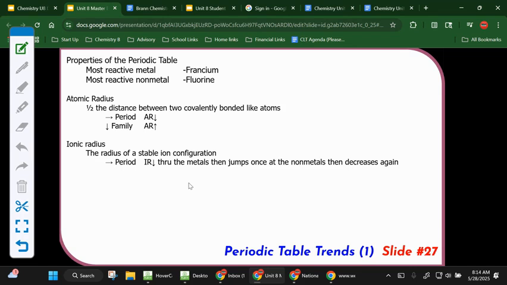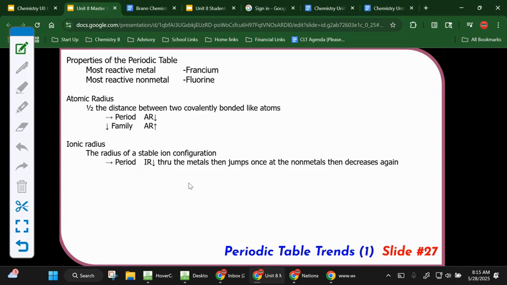So, as you go across the periodic table through the metals, the ionic radius goes down. But what happens when you switch to being a non-metal? It takes a jump up. Metals will always be smaller than non-metals in the same period for ionic radius.